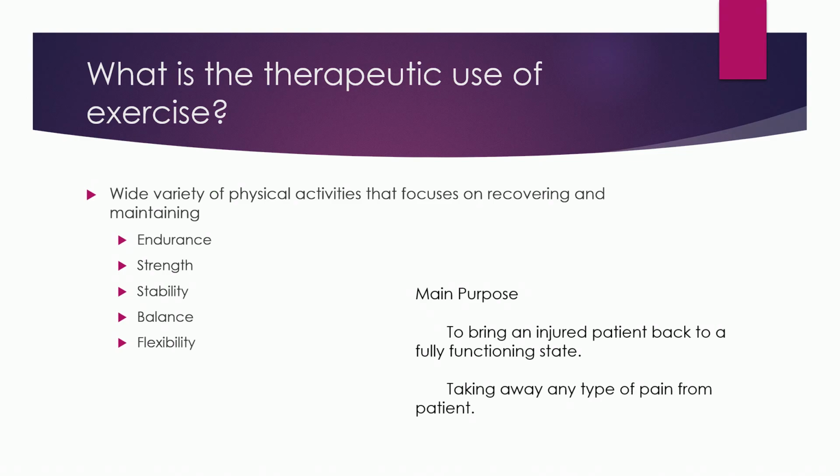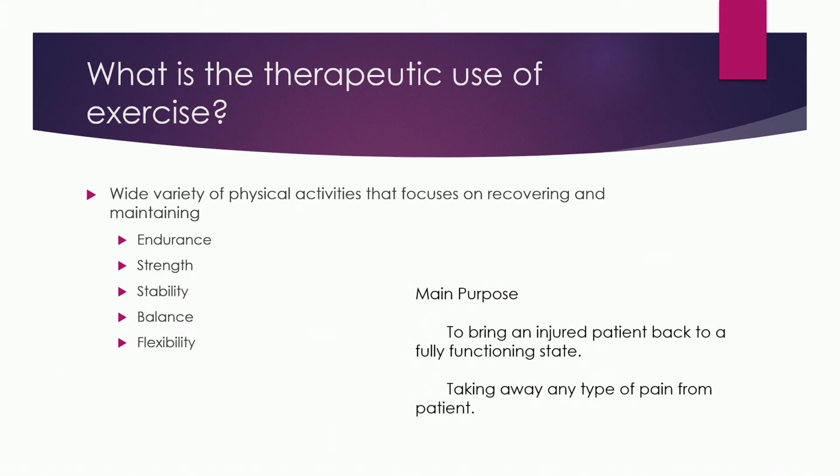Through these exercises, we are going to work on endurance, strength, stability, balance, and flexibility. So these are all the areas that therapeutic exercises are going to help our patients with. And yeah, therapeutic exercises may include aerobic and endurance conditioning, and also reconditioning as well.